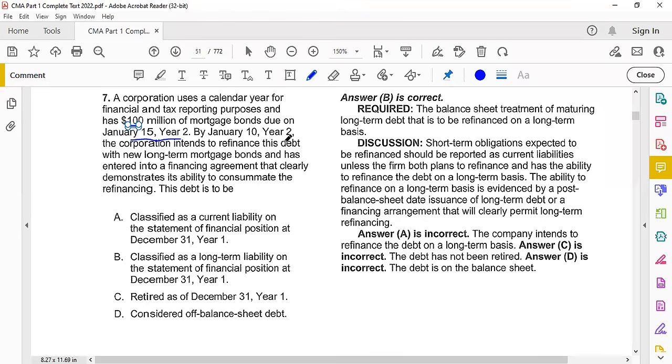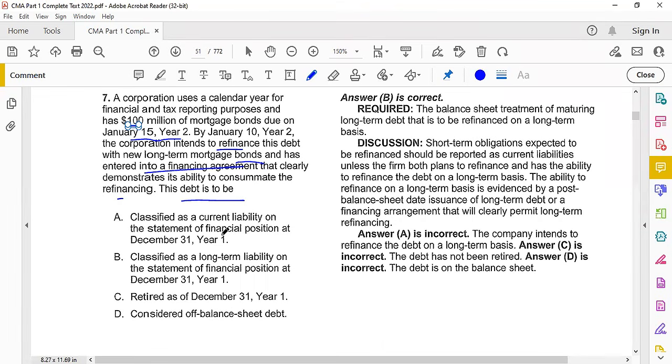But on January 10 year 2, the corporation intends to refinance the debt with new long-term mortgage bonds and has entered into a financing agreement, which is also signed. They say this clearly demonstrates the ability to refinance. This debt is to be reclassified from current to non-current.